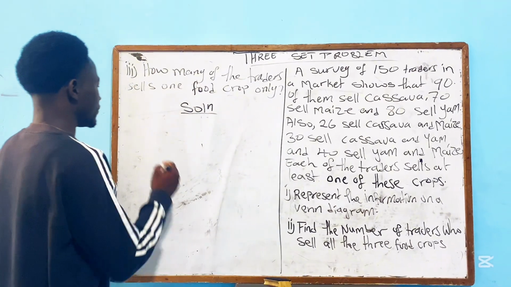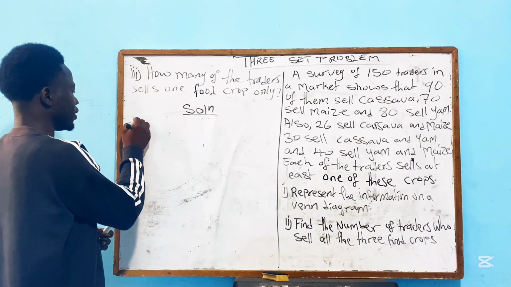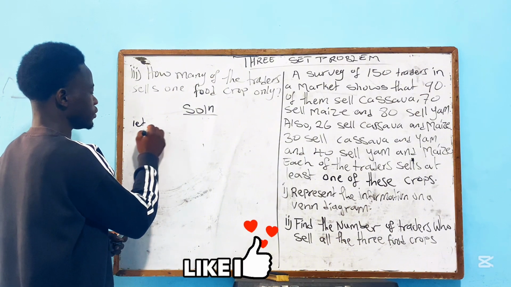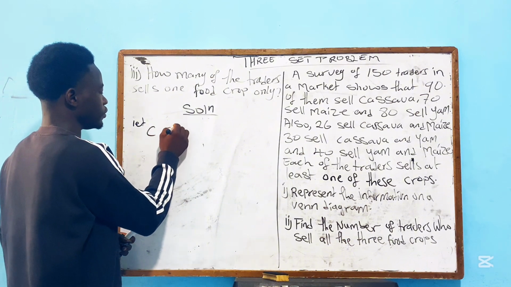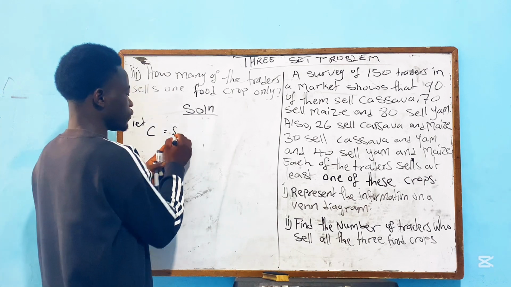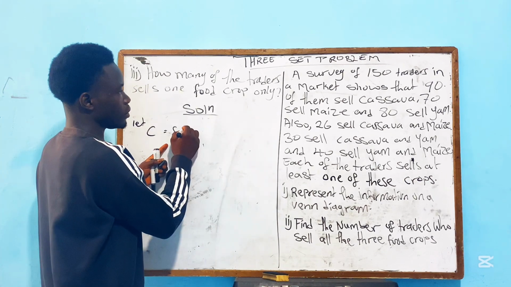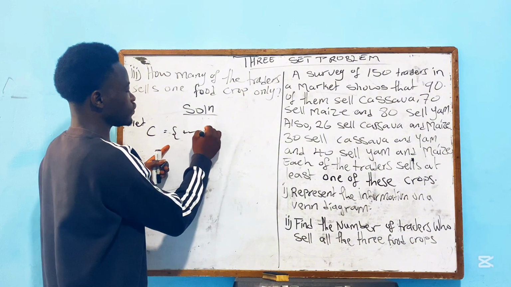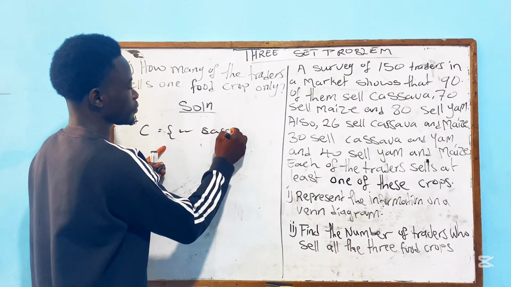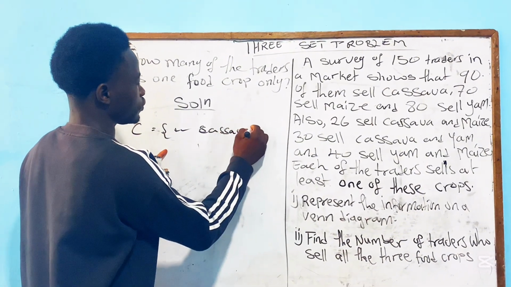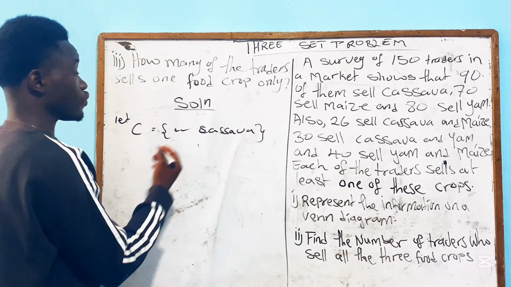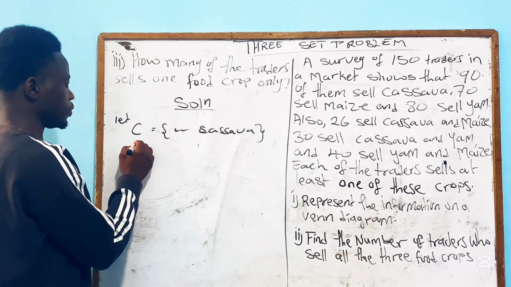So we say that let C equal to a set of market women who sell what? Cassava. Market women who sell cassava. Set of traders who sell cassava.